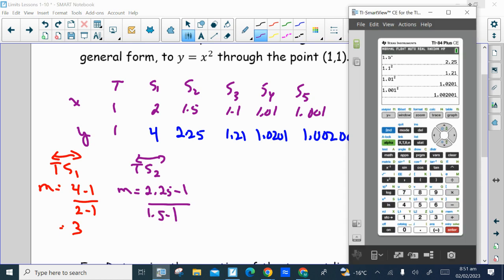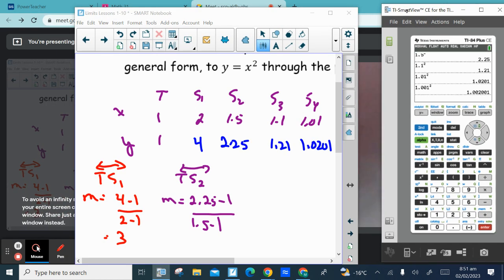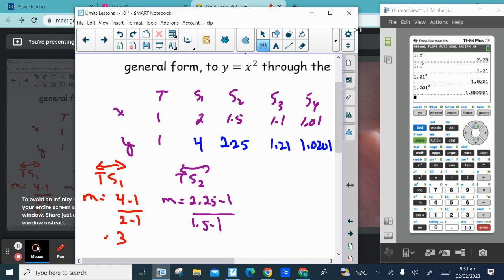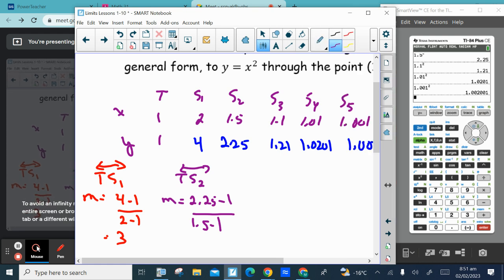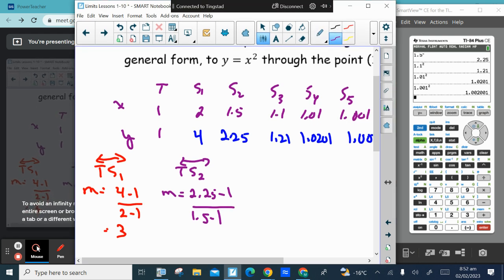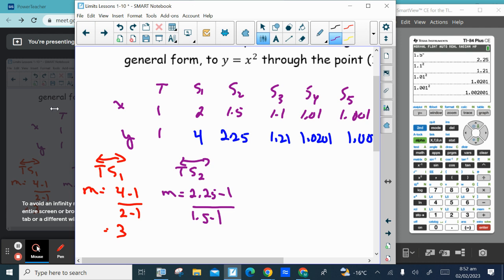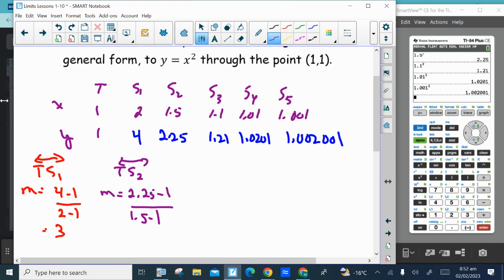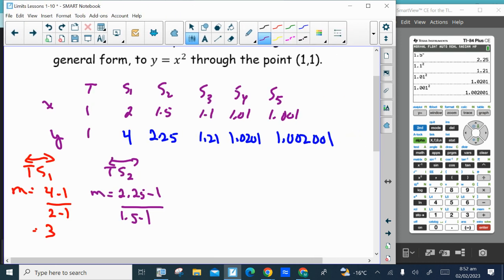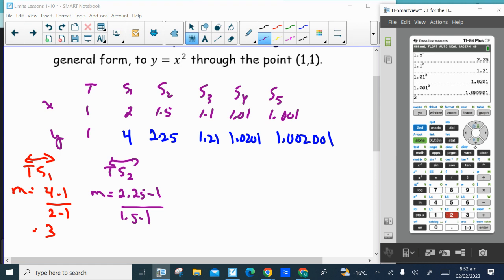So if we use our calculator here to help us do this, 2.25 minus 1 will be 1.25, and 1.5 minus 1 on the bottom will be 0.5, so we're going to divide by 0.5.